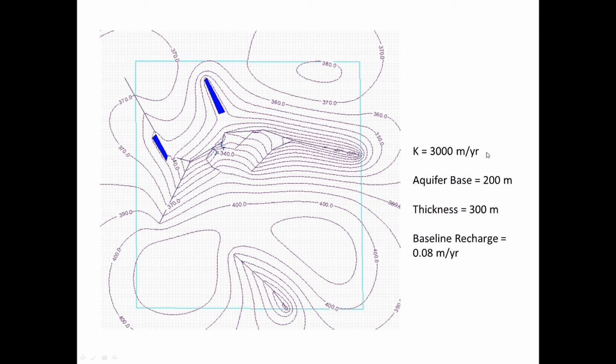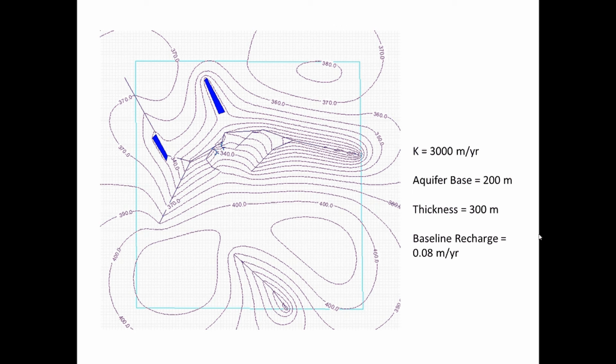I assigned aquifer properties of the following. The conductivity I assigned was 3,000 meters per year. It was in the geodatabase under clean sand. I assigned an aquifer base of 200 meters and an aquifer thickness of 300 meters.